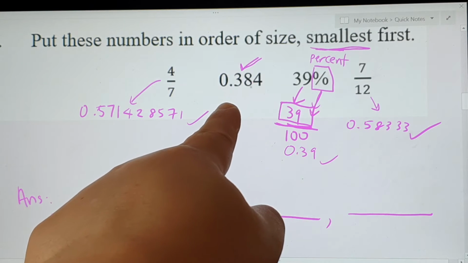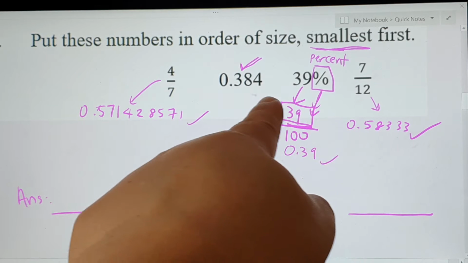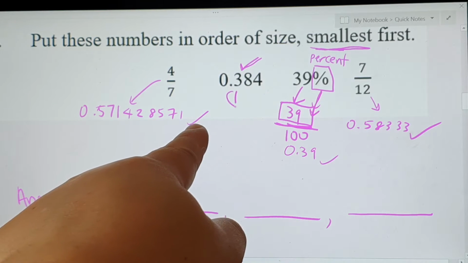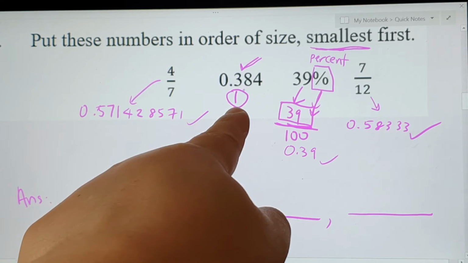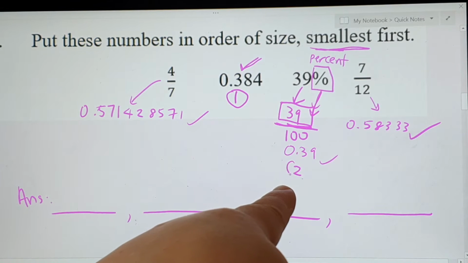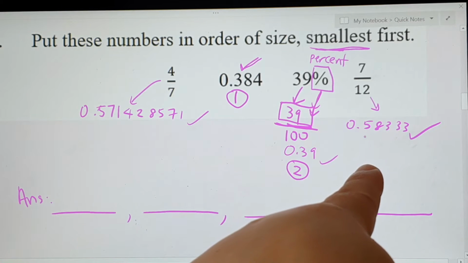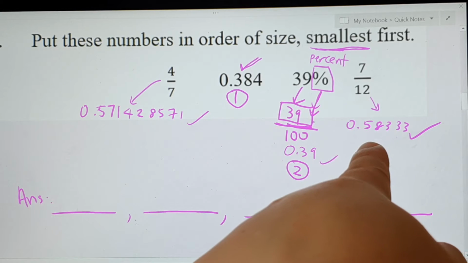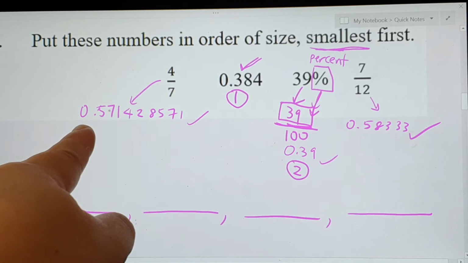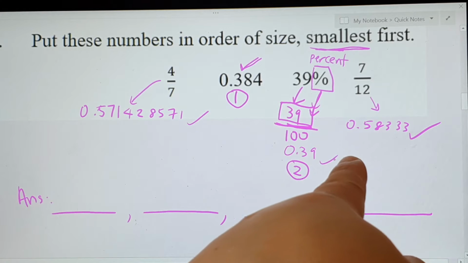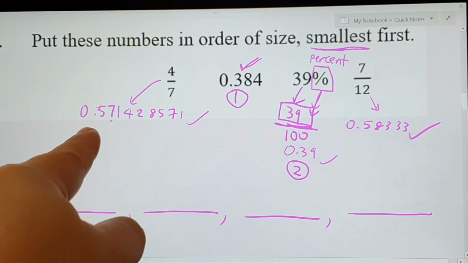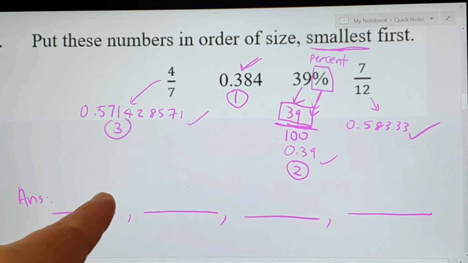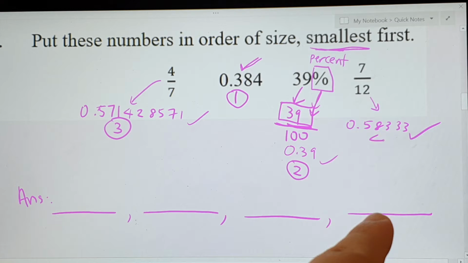This one is smaller. This one is 0.5, so this is still smaller. So I put here number 1. This is the smallest, followed by this one, and between 0.57 and 0.58, who is smaller? Of course, this one. And then lastly, this one.